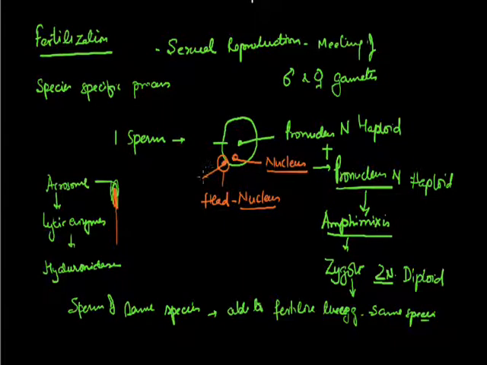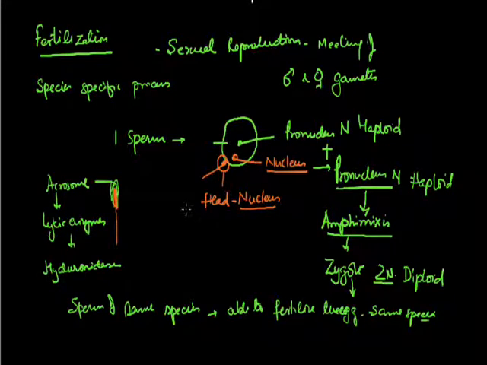Basically, there are certain chemicals or molecules present on the egg membrane as well as on the sperm membrane, which are species specific chemicals. There is an interaction for some time which results in the lysis of the egg membrane and release of sperm nucleus into the egg cytoplasm. Ultimately, zygote forms, resulting in the formation of embryo.